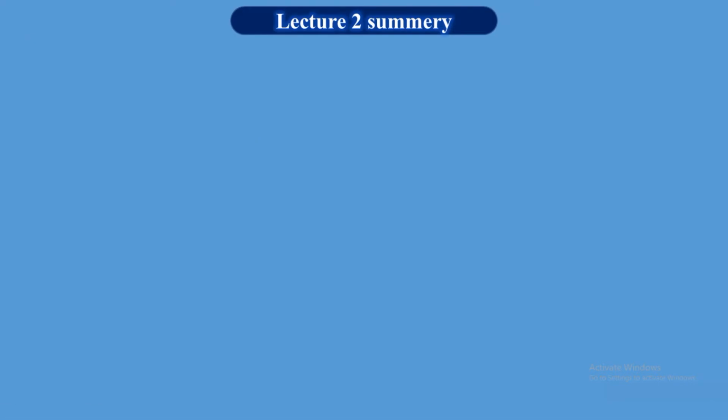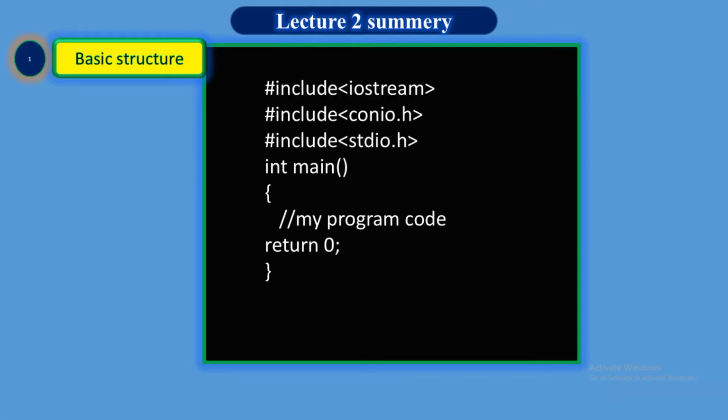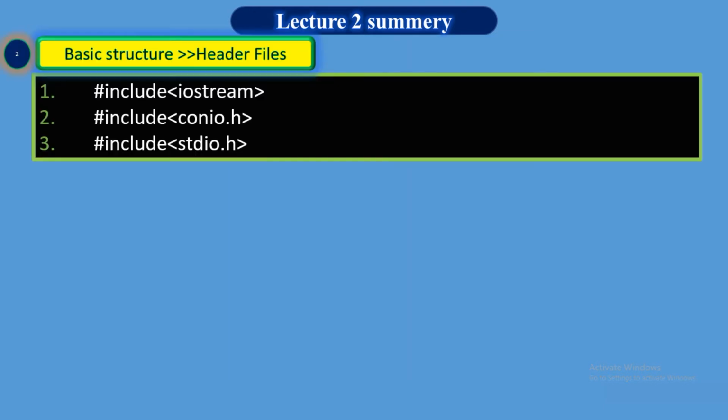In lecture 2, we learn about the basic structure. Basic structure is part of all programs. We first write the basic structure in any C program. In basic structure, we have header files.